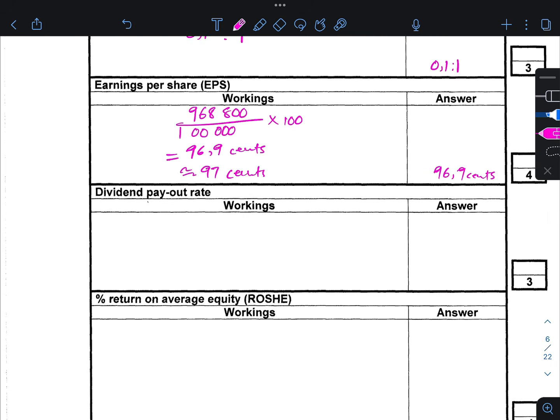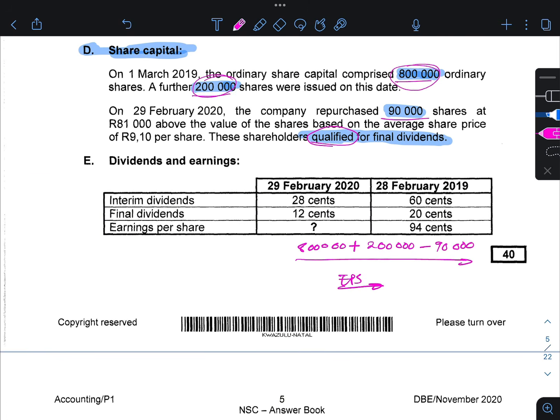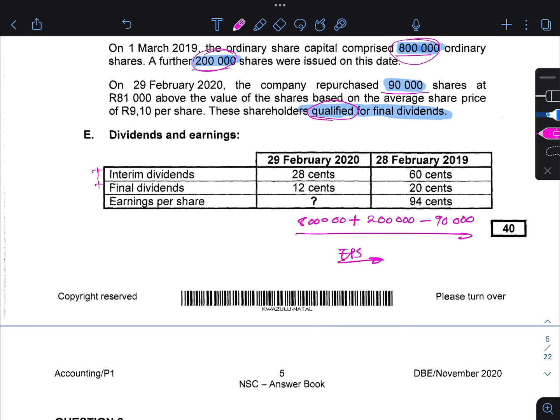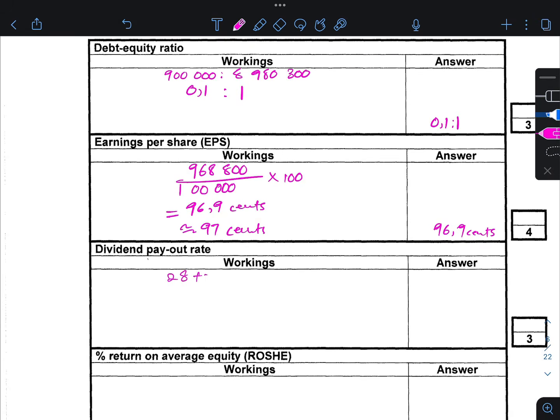Now your dividend payout rate is not about shares that were issued, but your dividends that were given to your shareholders throughout the year, which include your interim plus your final. So it's 28 plus 12, which gives us 40. So you can simply write 40 over what did they earn? 96.9. Right? So that should be multiplied by 100 because it's a rate.